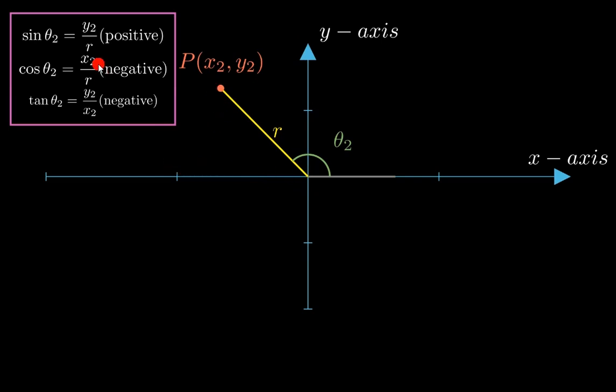So x is negative, and because r is always positive, you have a negative x2 divided by r. For cos theta 2, we have a negative value. Then tangent of theta 2, you have y, which is positive, divided by x, which is negative, that is going to get us a negative value. That is what we have in the second quadrant.